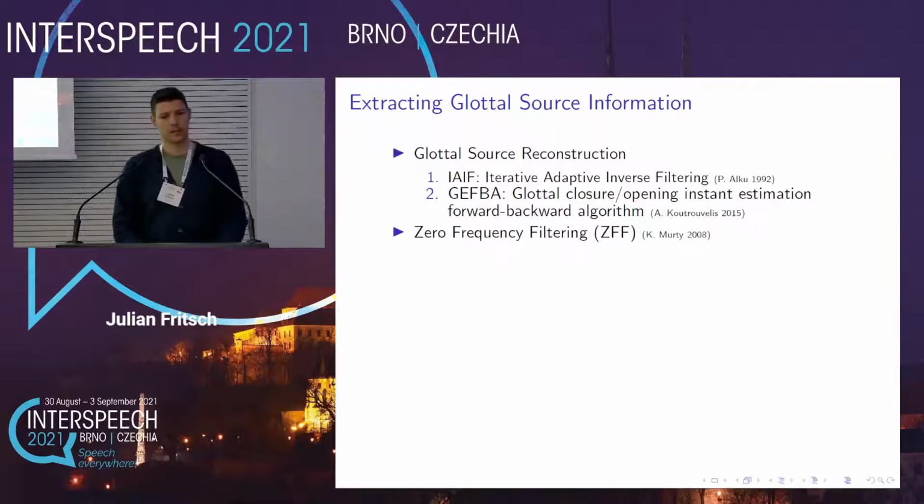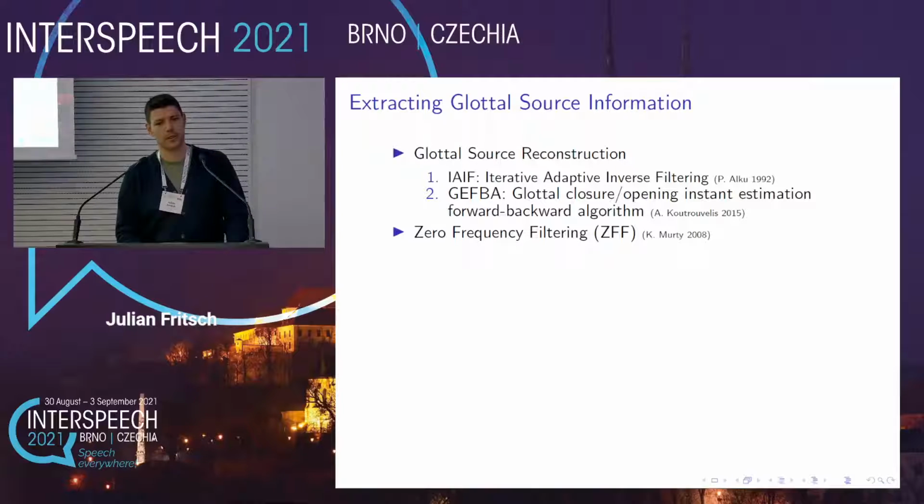Now, on the filtering techniques that we're selecting, we took two that fall under the category of glottal source reconstruction. The first one, iterative adaptive inverse filtering, as the name says, is an iterative scheme based on linear prediction to remove the vocal tract information, and it also attempts to remove lip radiation.